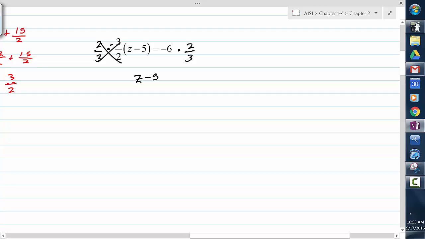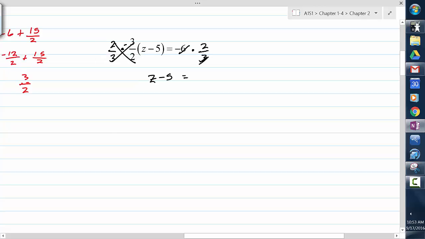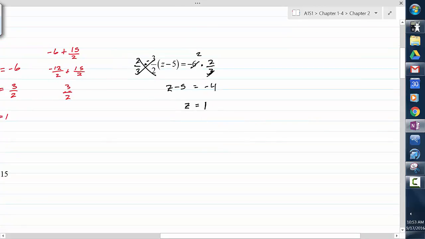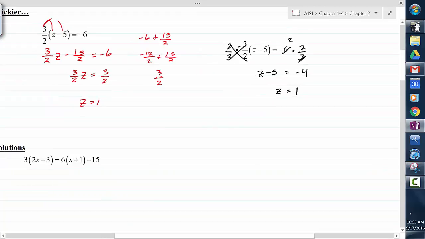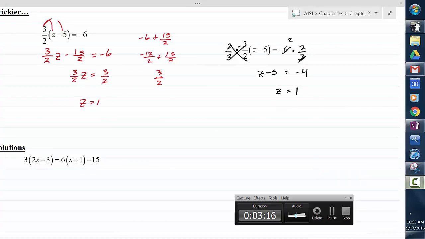I'm left with the z minus 5 equals, let's see, that cancels and that cancels, and this becomes 2. So z minus 5 equals negative 4. Add 5 to both sides, just like how we had over there. z is equal to 1. So it's your choice which way you want to go about it. Here I don't like fractions, so I got rid of the fractions when I needed to.